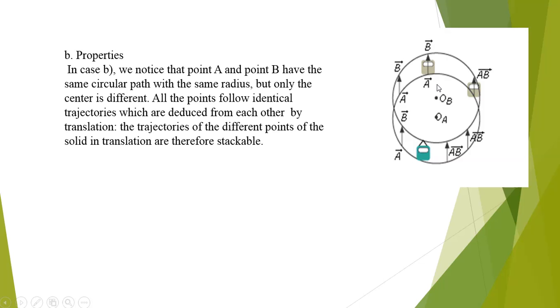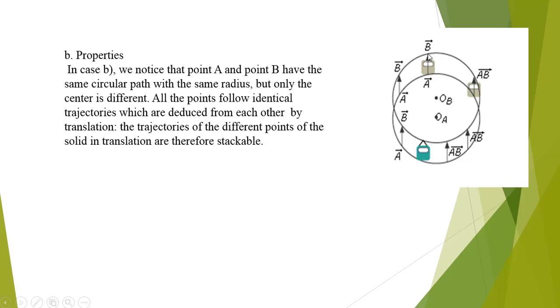So A and B describe two circles, the first relative to B and the second relative to A. The two trajectories are identical, for example circular in this figure.